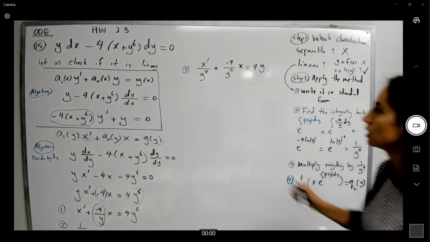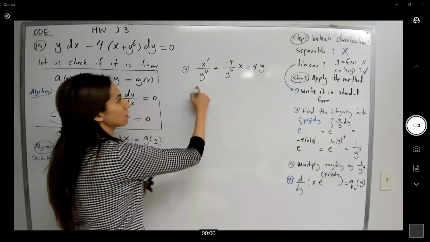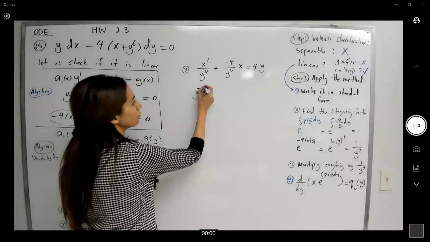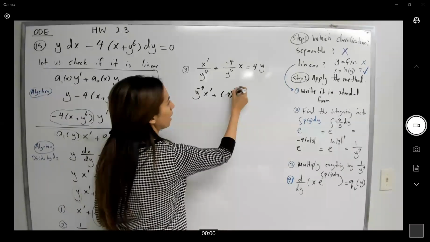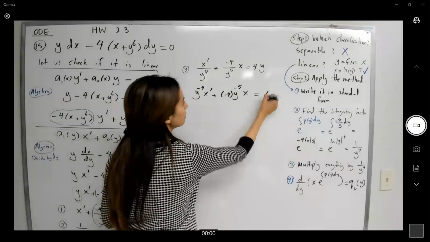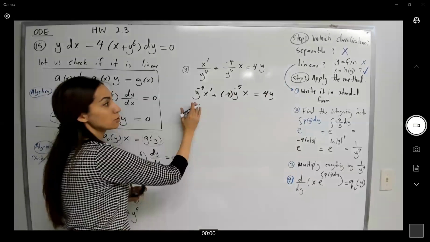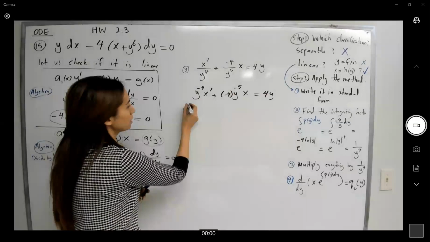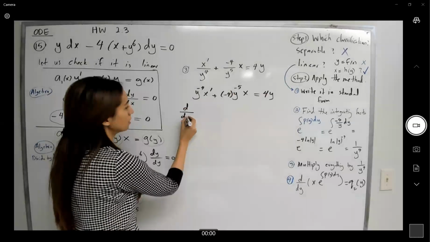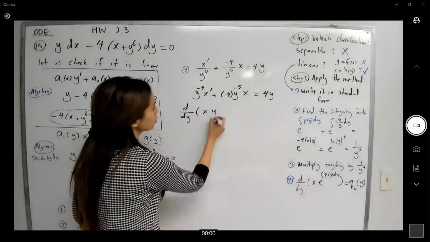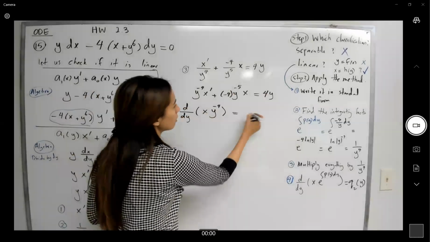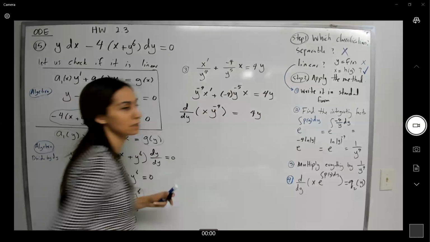Okay, so take a look at your left-hand side. It is y to negative 4 x prime plus negative 4 y to the power negative 5 x equals 4y. Here you have the product rule. It is written as the dy of x times the integrating factor, which is y to negative 4. And on the right-hand side, you keep whatever is on the right-hand side.